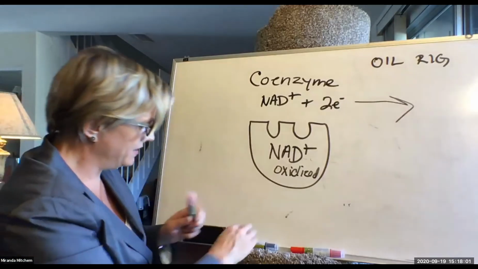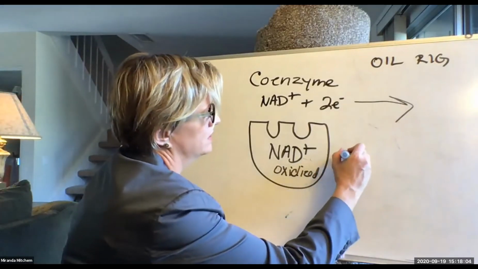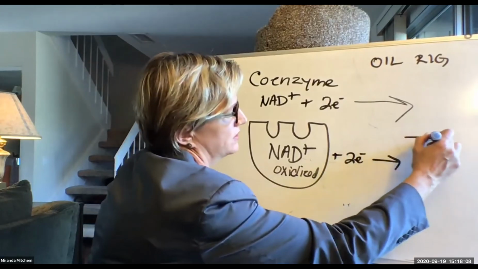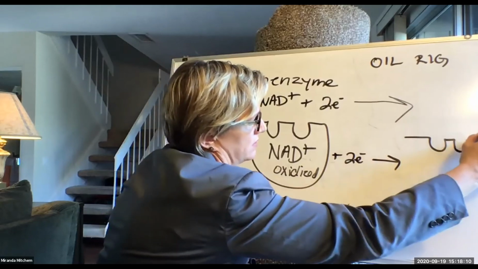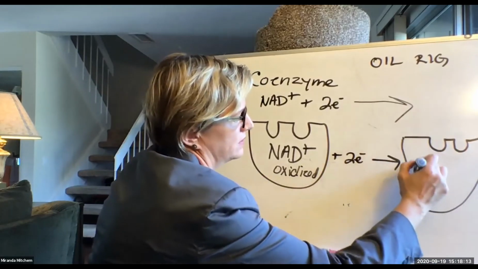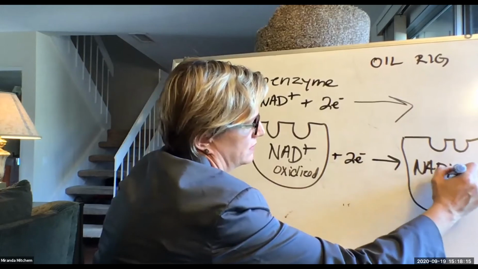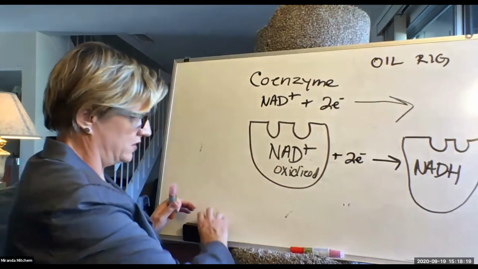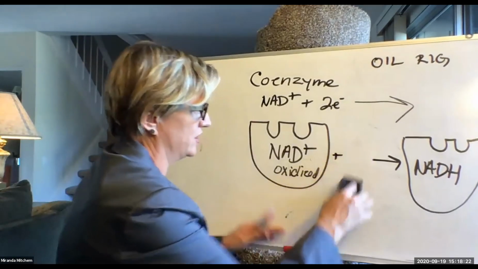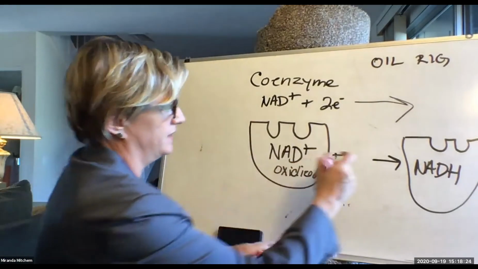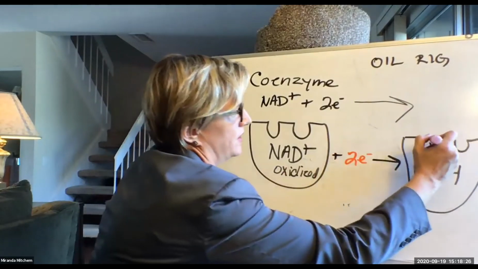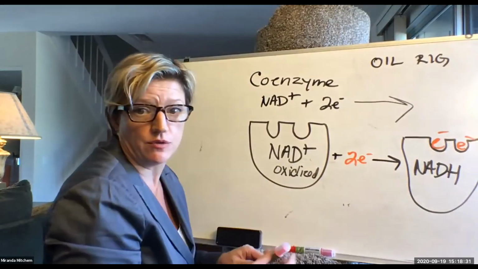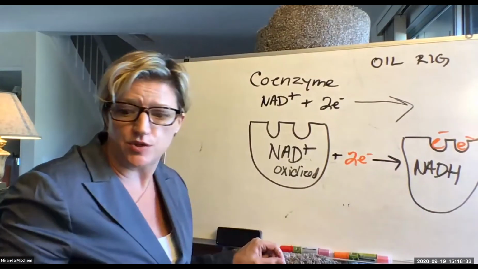So NAD plus 2 electrons becomes... just bear with me, please. Sorry, I should have done these in a different color. Okay, electron 1, electron 2. And now we are reduced. NADH is the reduced form.